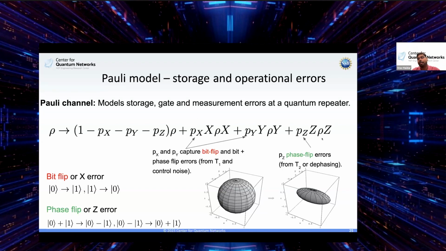And this captures a broad class of operational errors, storage errors, and so on for quantum repeaters. So this is a very, very good model to have. Depending on what hardware you have and what different noise models you have, all of that can be parameterized into px, py, and pz, and you get a very nice modular noise model for modeling.